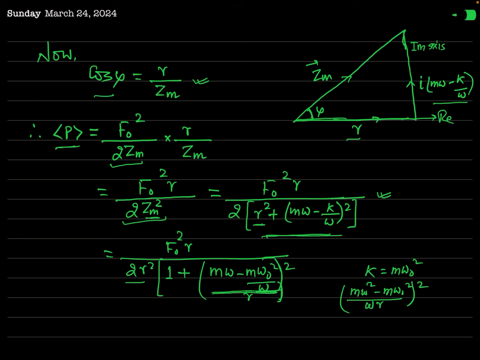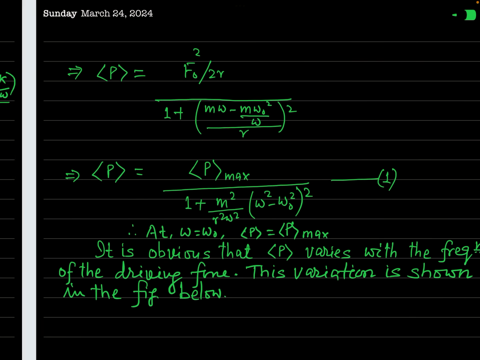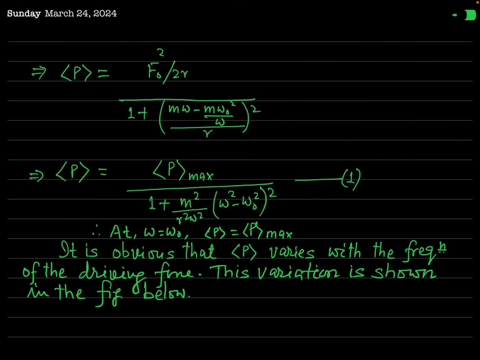And from here you can take m square over omega square R square as a common factor, and the remaining term will be omega square minus omega naught square. So the RHS of this equation can now be written like this.